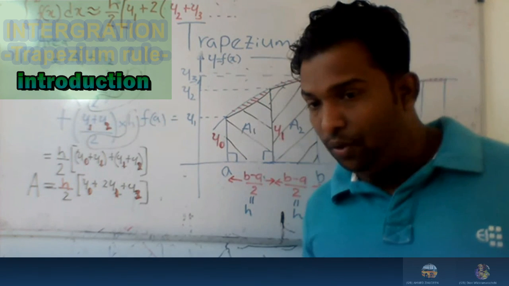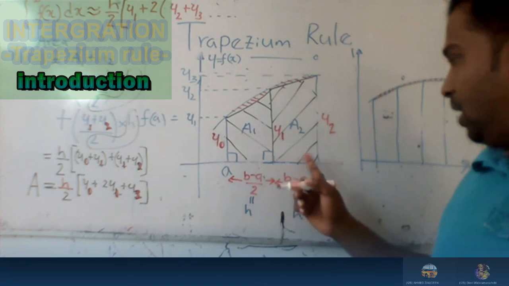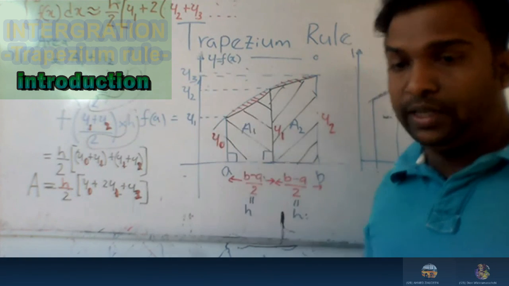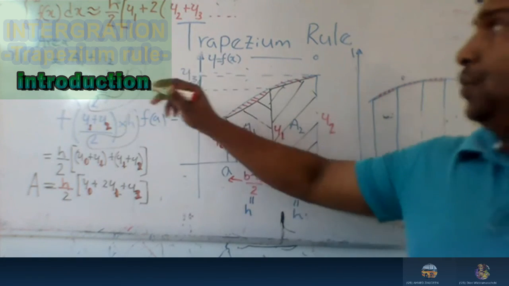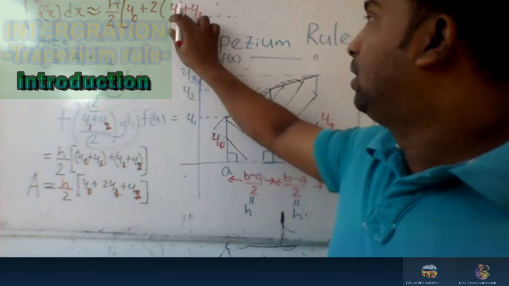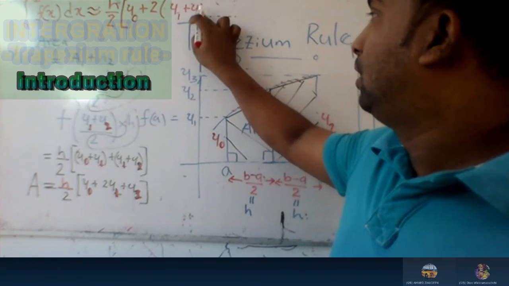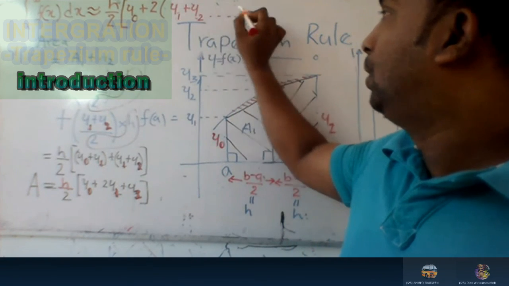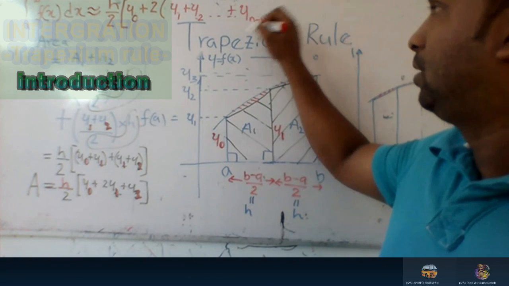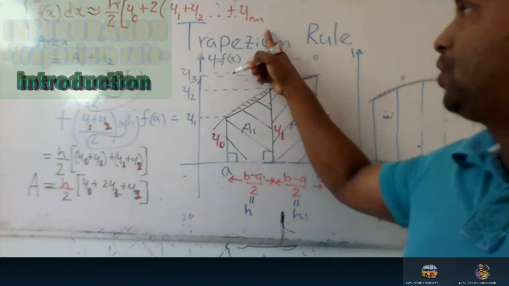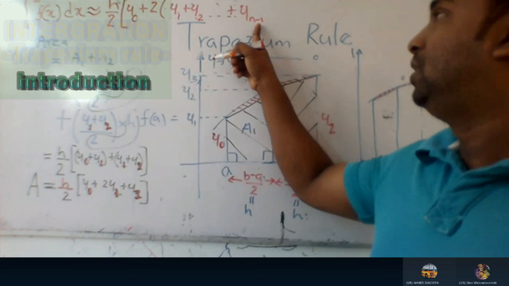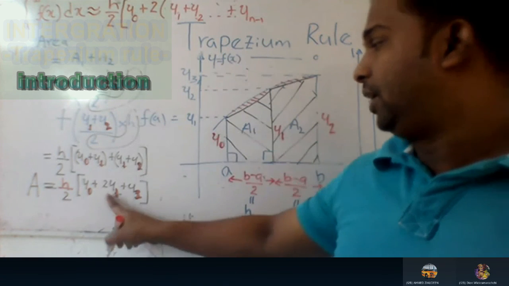It's a notation, don't worry, because they have taken this first one as y naught here. That's why this has started with y naught, y1, y2 up to yn minus 1, because if you have n strips, if you have 2 strips, this is 1, like this.